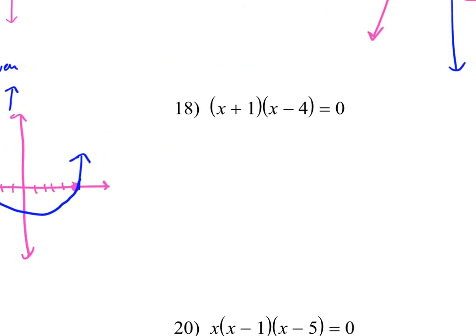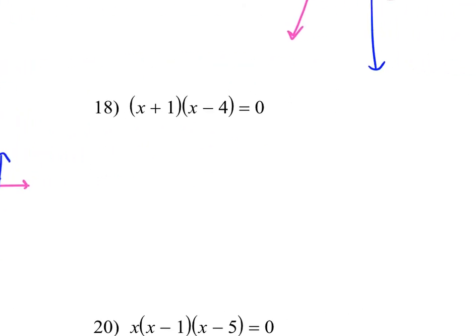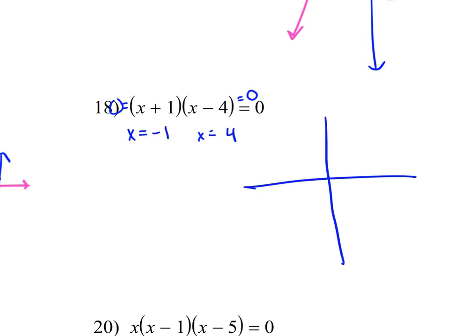Alright, let's look at 18. What are our zeros here? X is equal to what? Negative 1 and 4. So we put our points on our graph. How many x's do we have in our original equation?